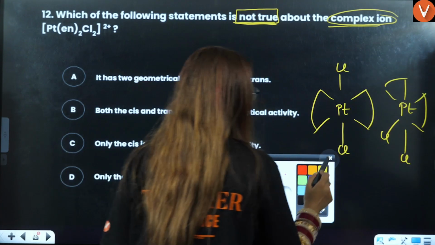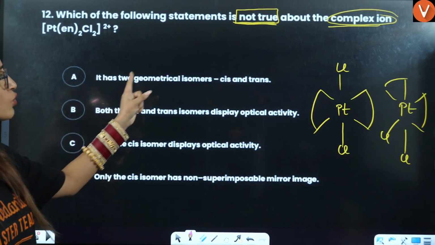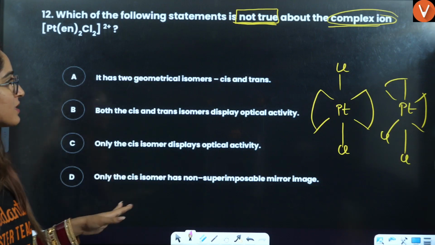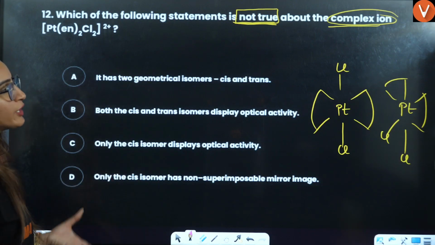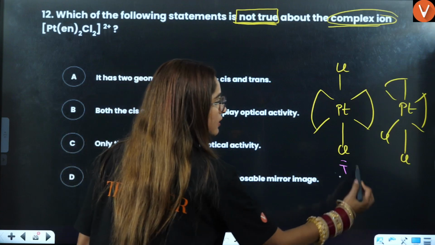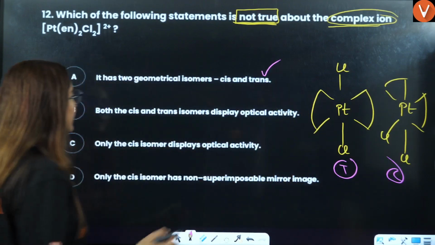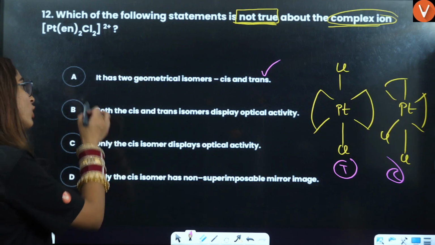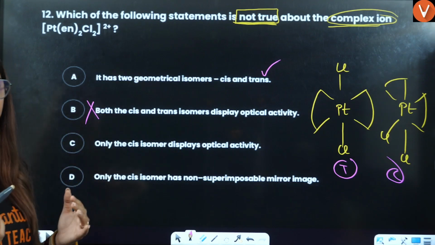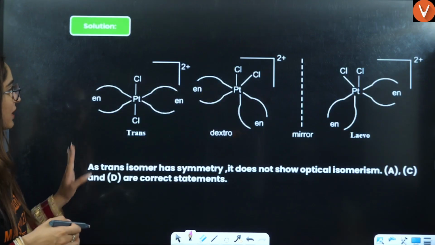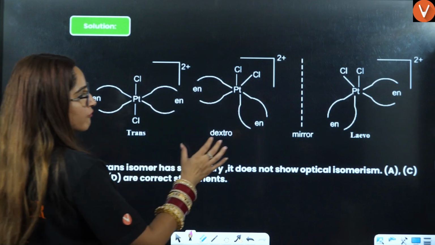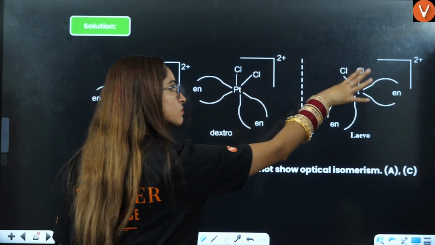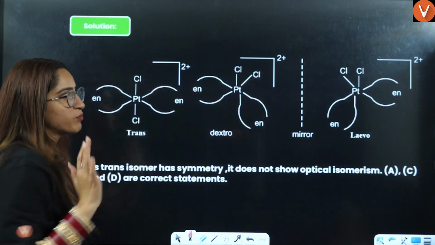Now, if you see this, it has two geometrical isomers. That is definitely true. One is trans, the other is cis. Both cis and trans display optical activity, that is not true, because optical activity is only shown by the cis, where the mirror image is non-superimposable.